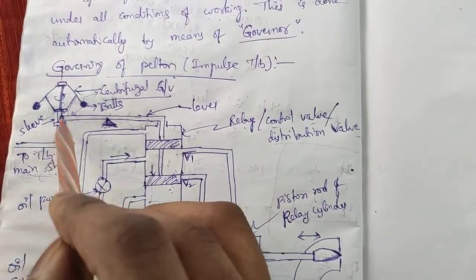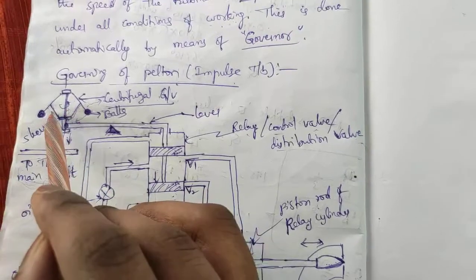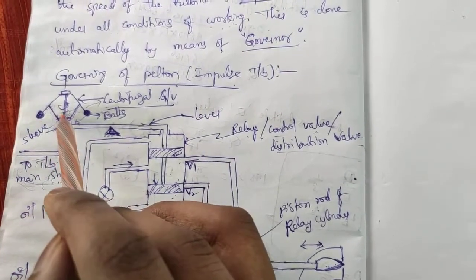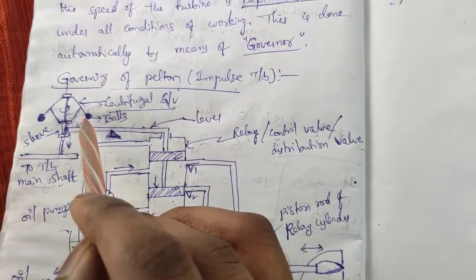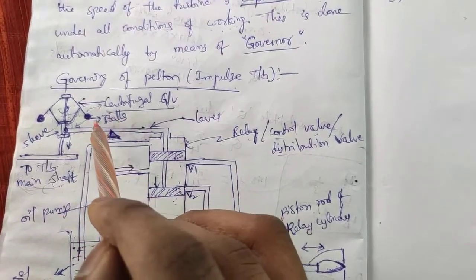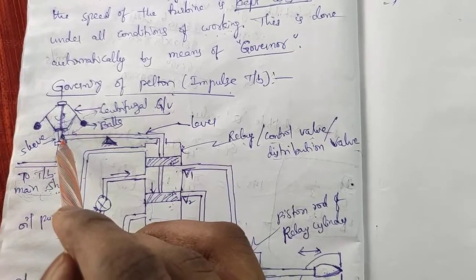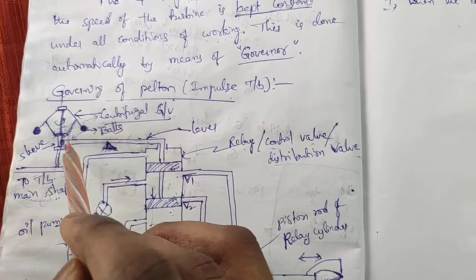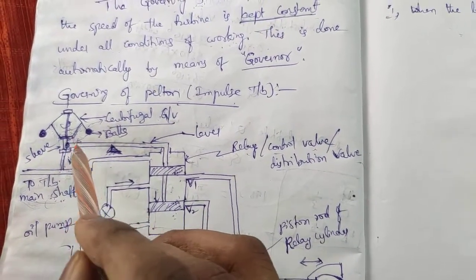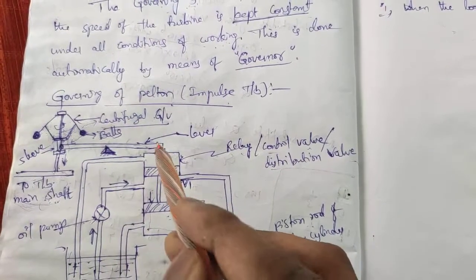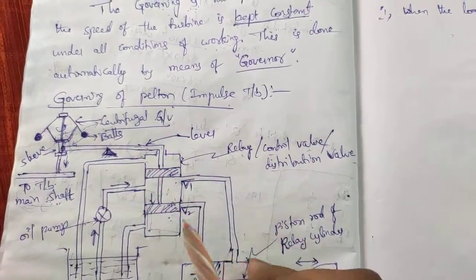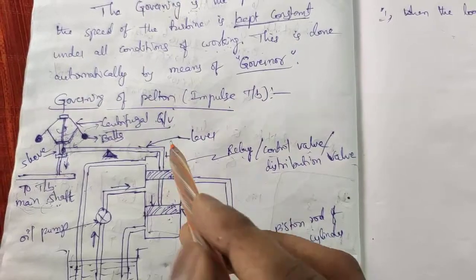So due to this high speed, the balls rotate with high centrifugal force and move towards outside. Balls move outward, thereby the sleeve moves upward. The sleeve moves upward, thereby the lever moves downward in the relay cylinder, relay valve.